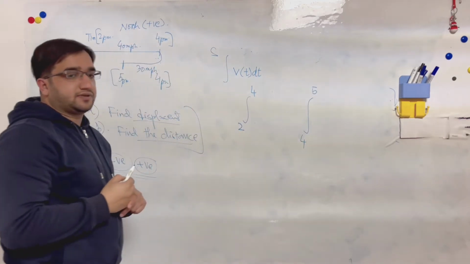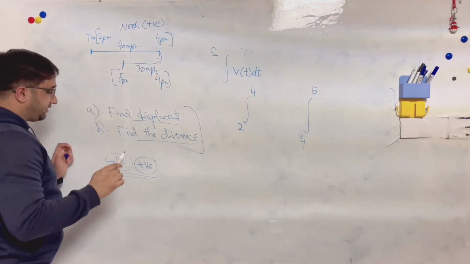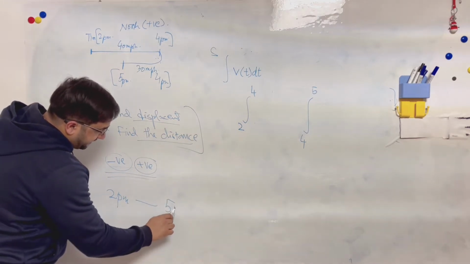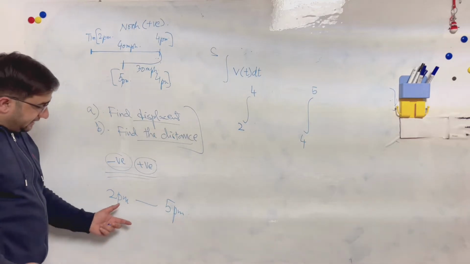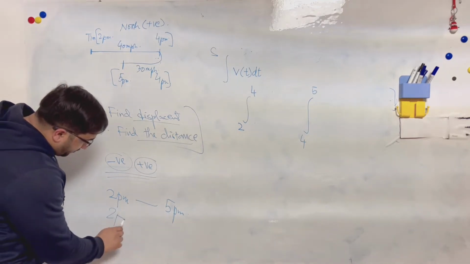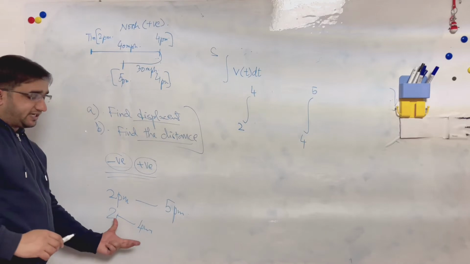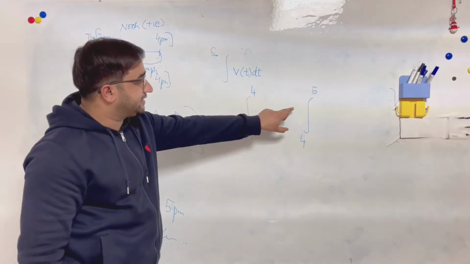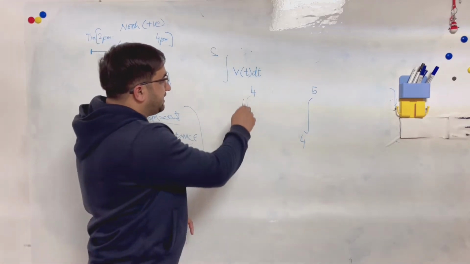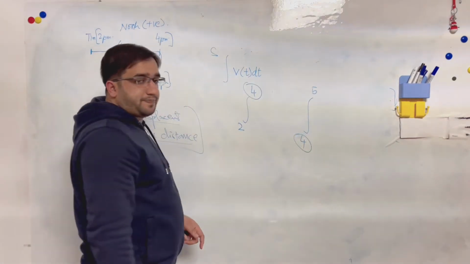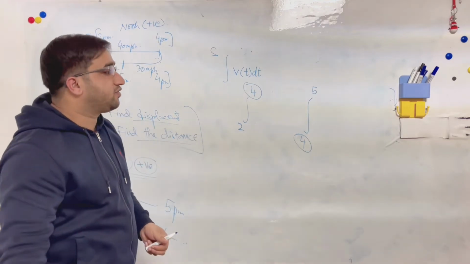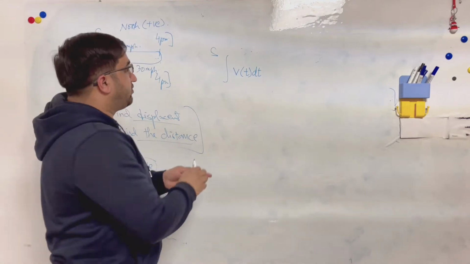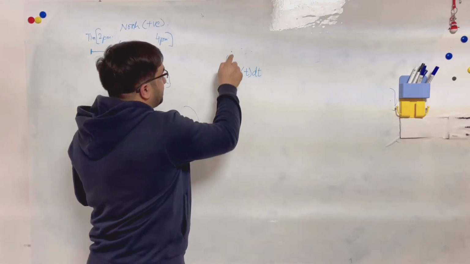The total traveling time is that they started at 2 p.m. and finished at 5 p.m. But in between, from 2 to 4 there is one direction, and from 4 to 5 there is another direction. So that is why we have split the total interval into these. You can see these limits should be the same when you split an integral, and we have solved an example previously where we said the total integral is, let me write here, the total integral is from 2 to 5.